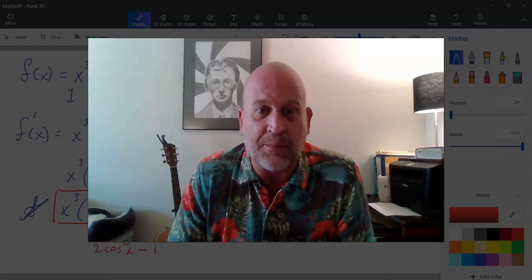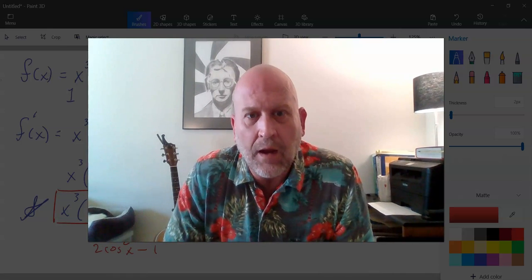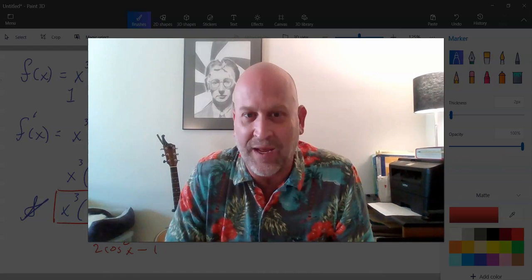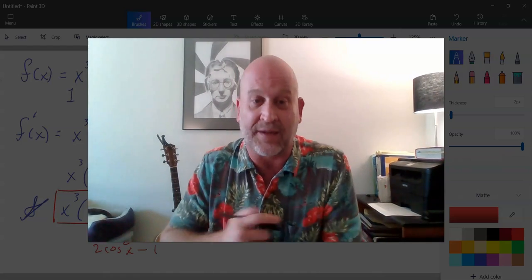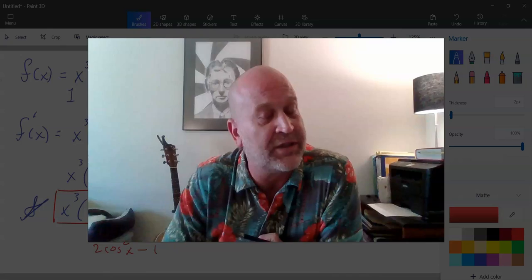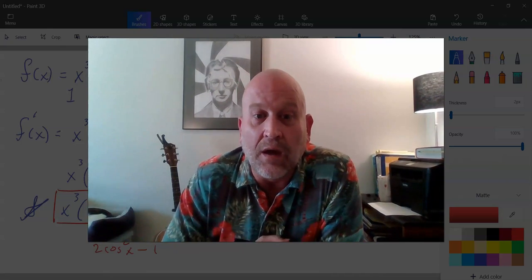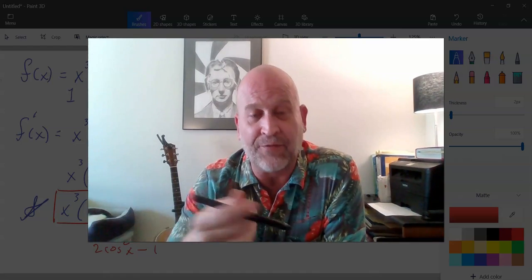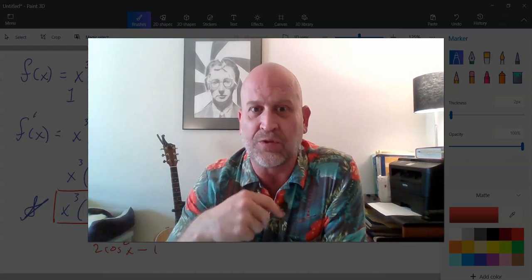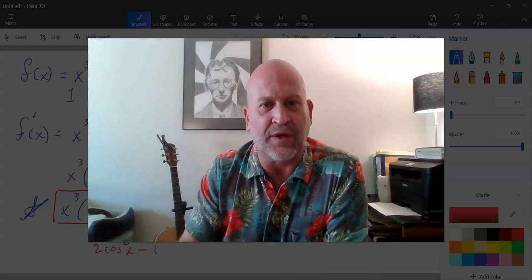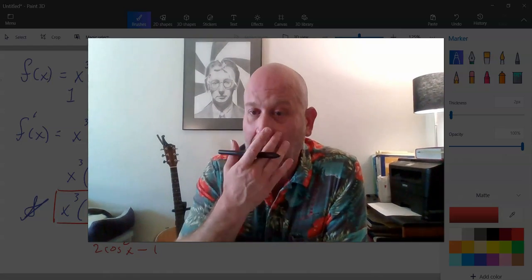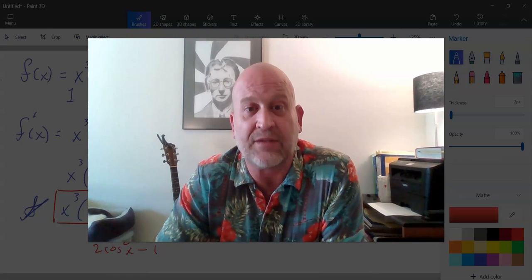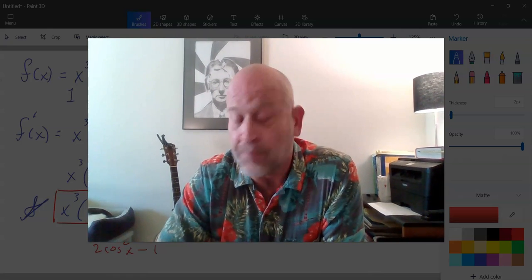It's probably best to memorize all of them, though you could get around it by just memorizing sine and cosine. There's no way you're going to advance through calculus if you don't know the derivatives of sine and cosine. That's just expected knowledge. Other than that, it's just using the rules we had before, the power rule, the product rule, the quotient rule, the constant rule, the rule about sums, all of that stuff we learned in the last lecture. We're just applying that to a new derivative.